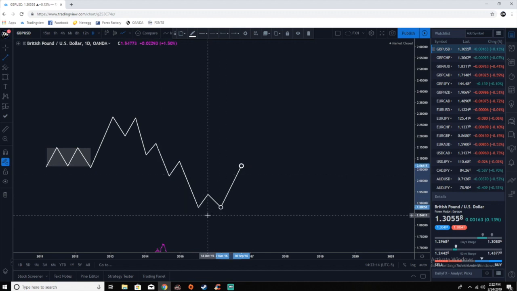Now what's the advantage of knowing what level you're on? The advantage is that it gives you an idea of what the potential next move is going to be. If you know you're at level 1, which is here, then you know that you're looking for a sell.